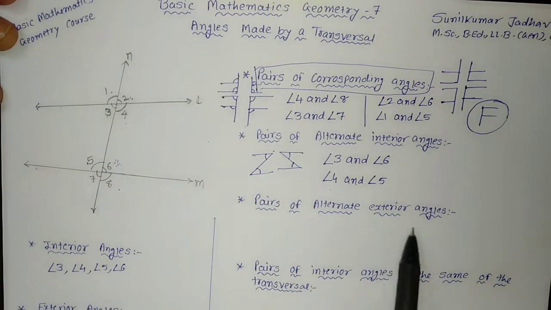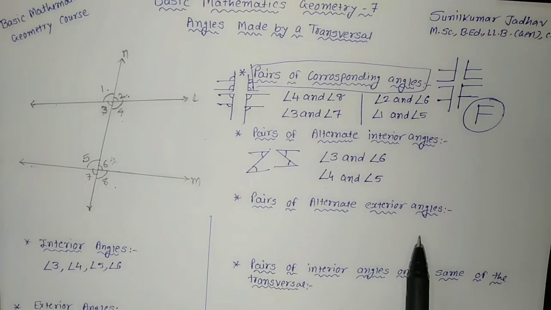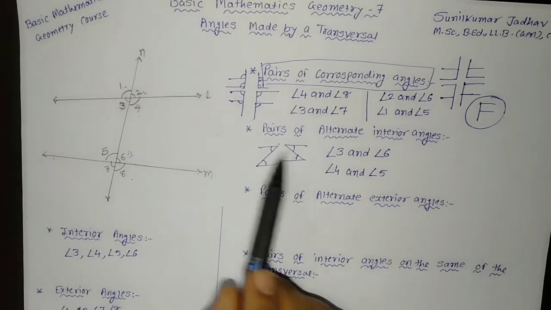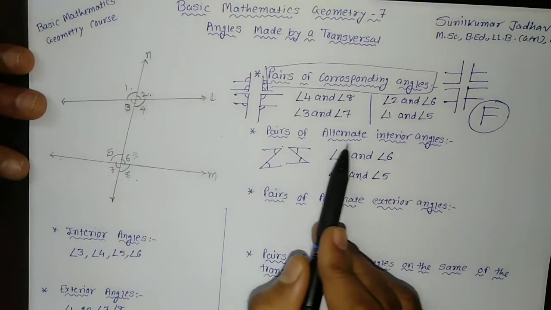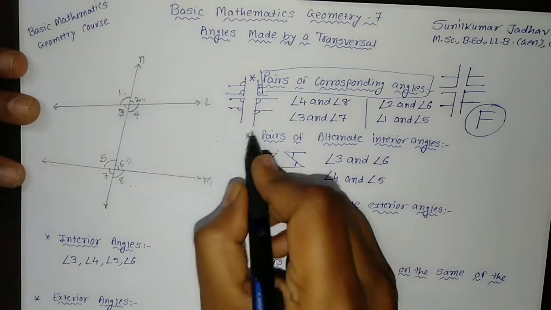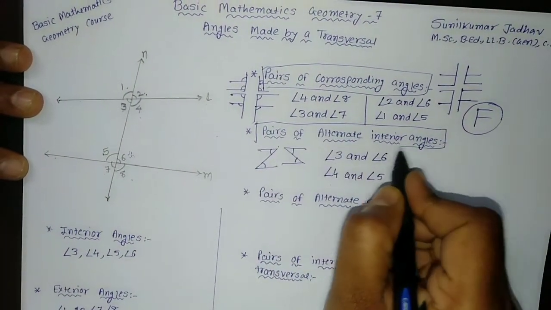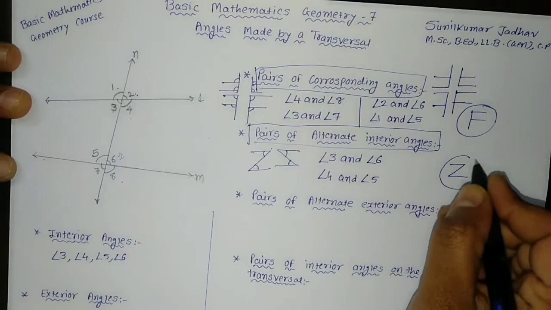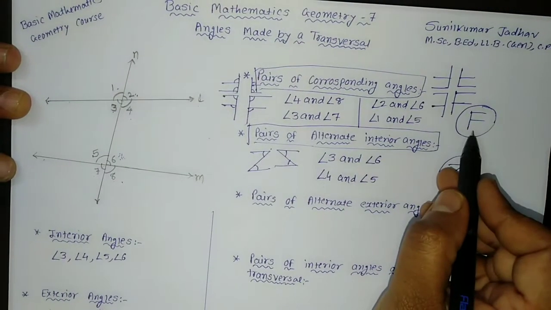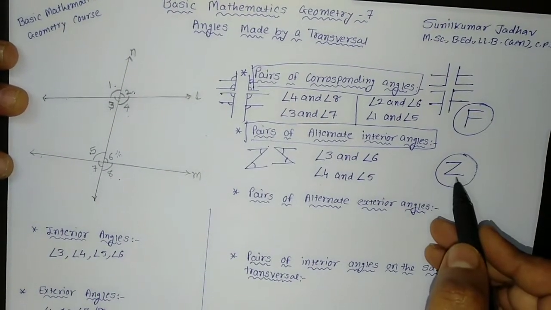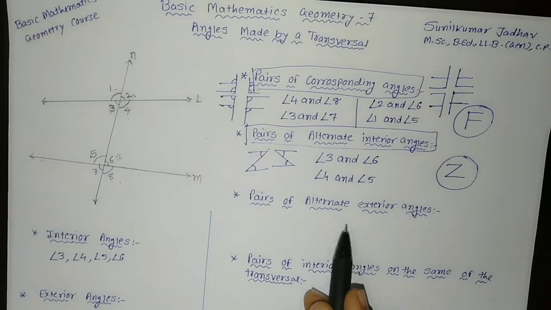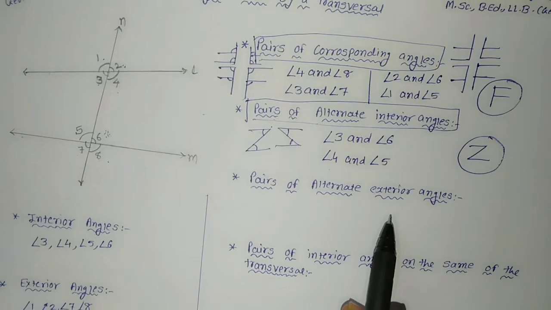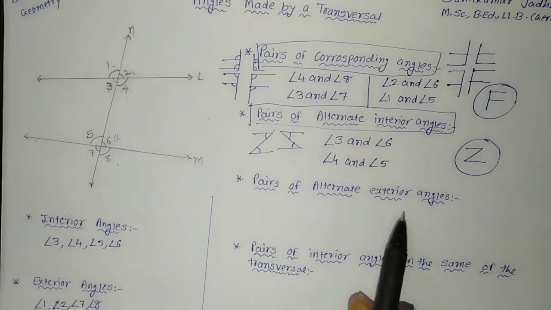Now pairs of alternate exterior angles. What is the meaning of exterior angle? Exterior means outside. First of all let us be clear about this: when we talk about pairs of alternate angles, remember the symbol Z. Pairs of corresponding angles, symbol F. Pairs of alternate angles, symbol Z. We have talked about interior angles, now we have to talk about the pairs of alternate exterior angles.